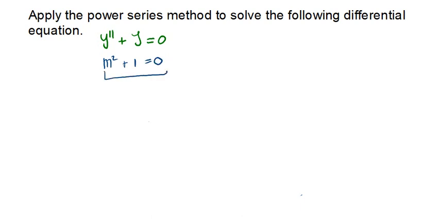So this is to help you to determine the type of roots that you're going to have. It's either you have complex roots, or maybe real distinct roots, or you have real identical roots.